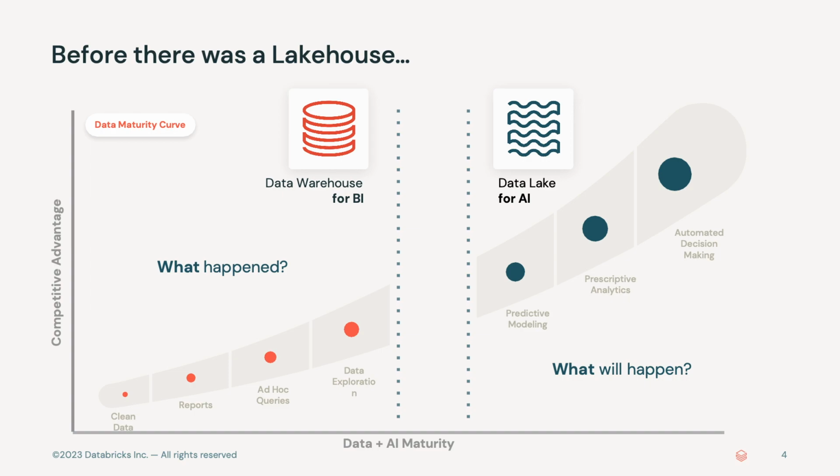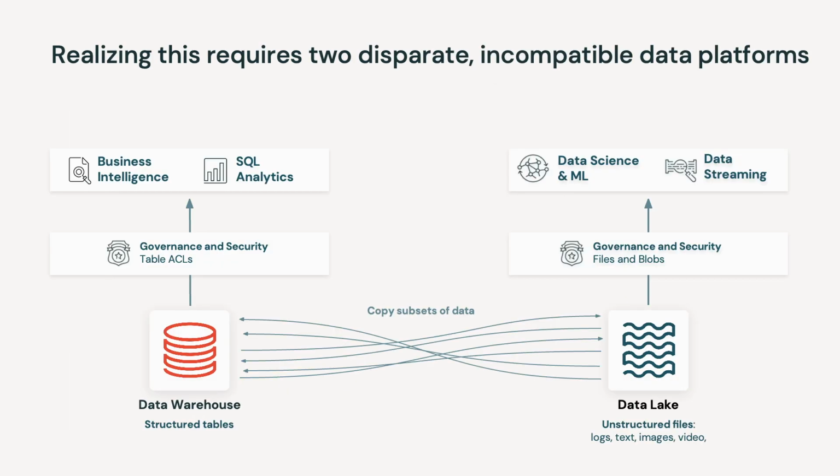Oftentimes, with many organizations, this ends up being not just the two, but across different departments, you'll have more warehouses, you'll have more lakes, and then you have data in all these different locations across your organization. And this creates a whole bunch of problems. We copy subsets of data between the two, maybe data is getting transformed in the second one. Now you have teams across your organization dealing with two different sets of data, and you don't have that single source of truth anymore.